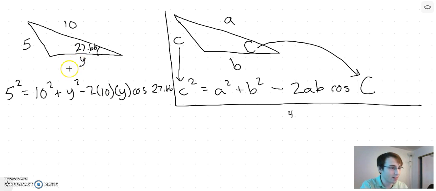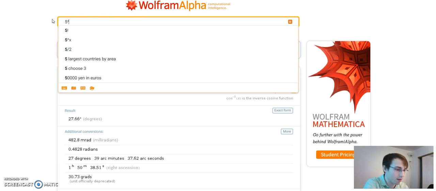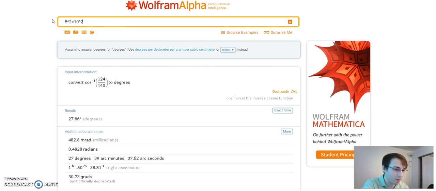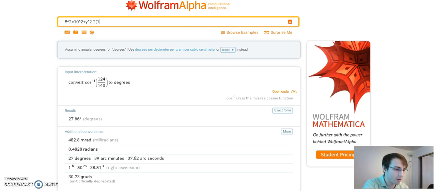Let's not go through the trouble of actually solving this by hand, but let's just type it in and get the answers that way. So 5 squared equals 10 squared plus y squared minus 2 times 10 times y cos of 27.66 degrees.